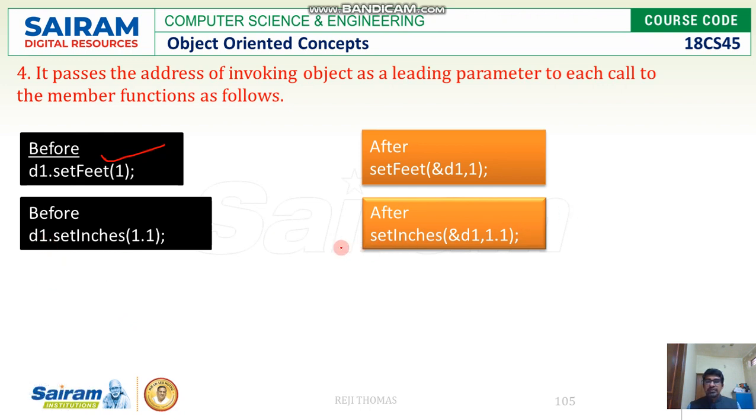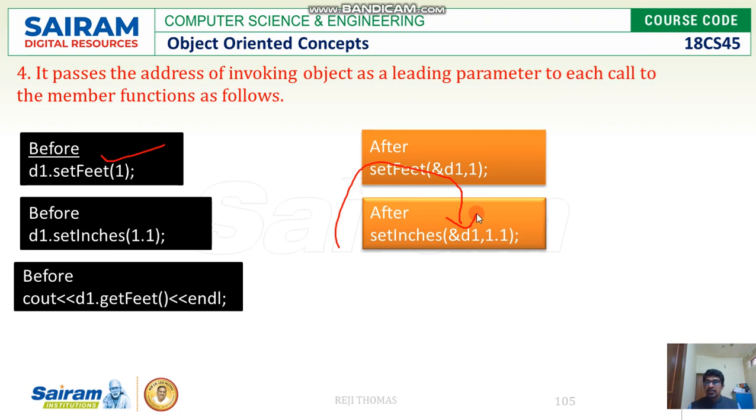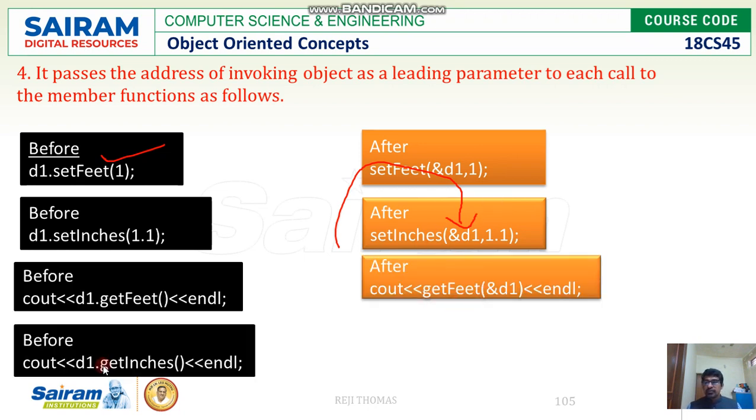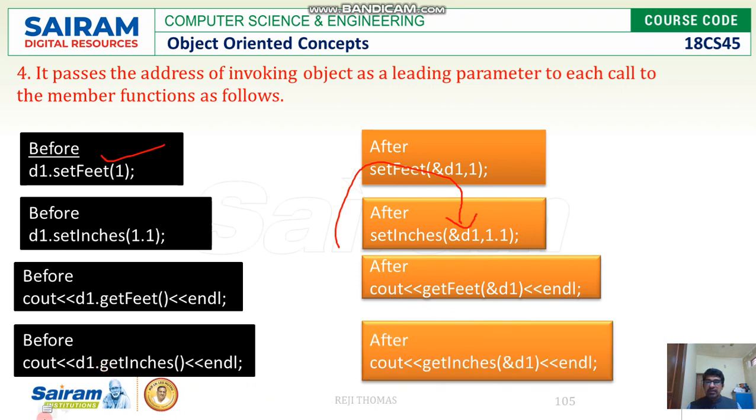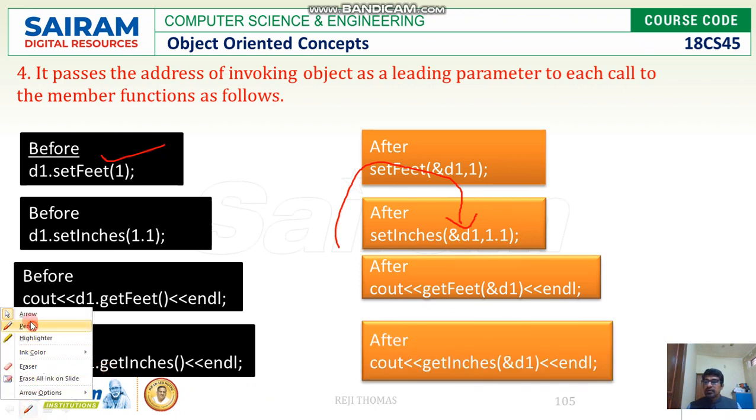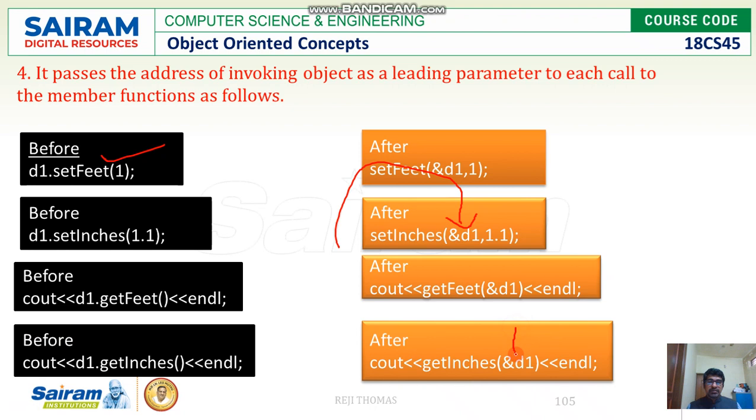So the object address will be put over here, because we have changed the function definition. There is a pointer. So when there is a pointer in the function definition, obviously we have to pass the address. So this will get changed like this. Every function, before it will be like this, after it will be like this. Before it was d1 dot get inches, after which is going to be get inches where you are going to pass the address.